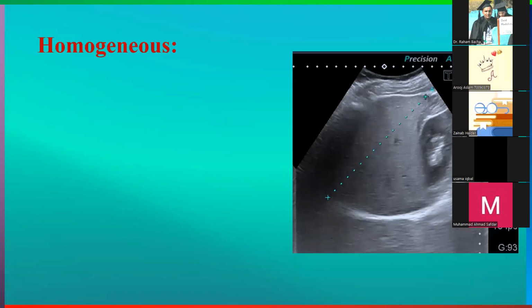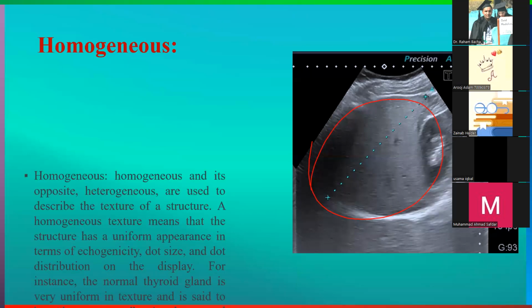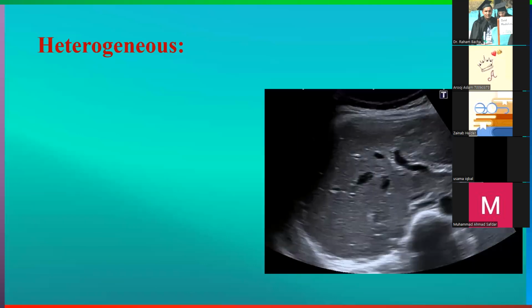Here you can see this is a homogeneous echo texture, right? All the structure appears at the same echogenicity. But if it appears heterogeneous, meaning roughly arranged, here you can see this is a rough appearance of the structure. So this is called heterogeneous. Again, you will have to describe that particular pathology.